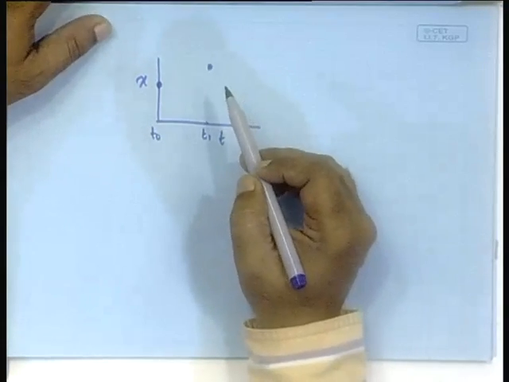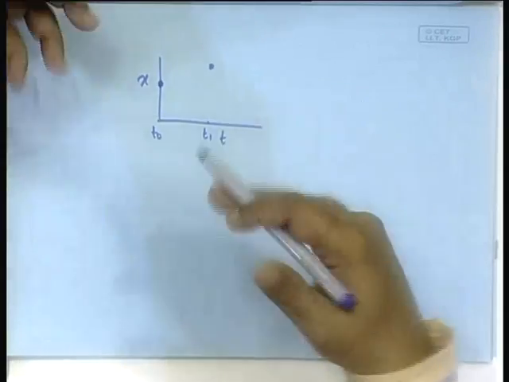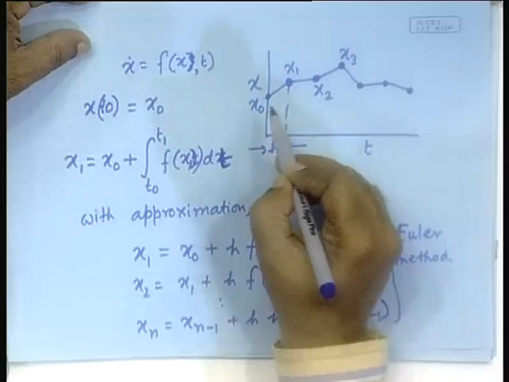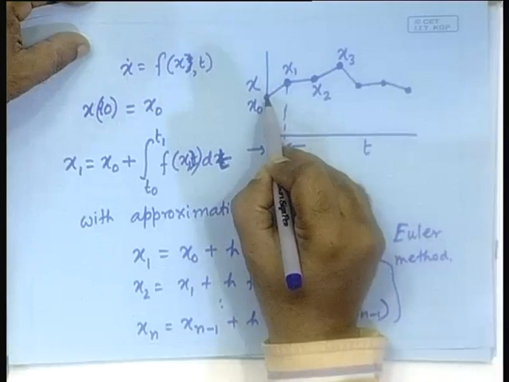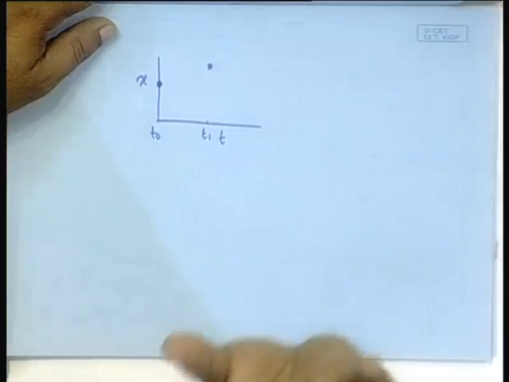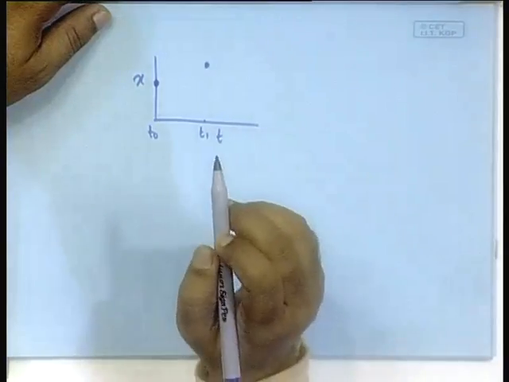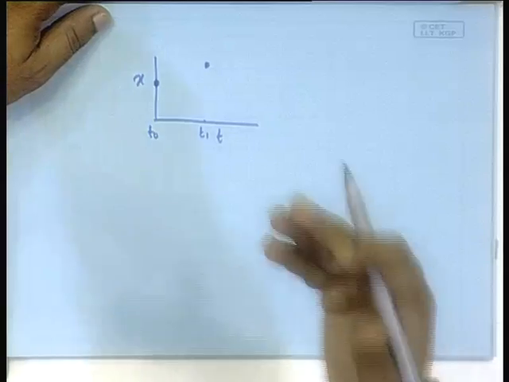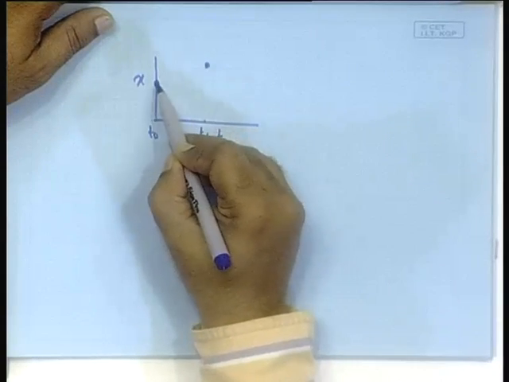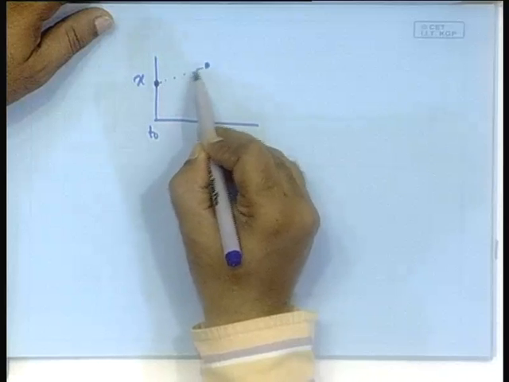Then the next approximation is that, what was our initial guess? It was that the slope remains the same from this point to this point. Now, this slope will still assume that it remains the same, but will sort of improve upon the value of the slope. What can you say? We will say we will not take the value here, rather we will take the value somewhere in between.